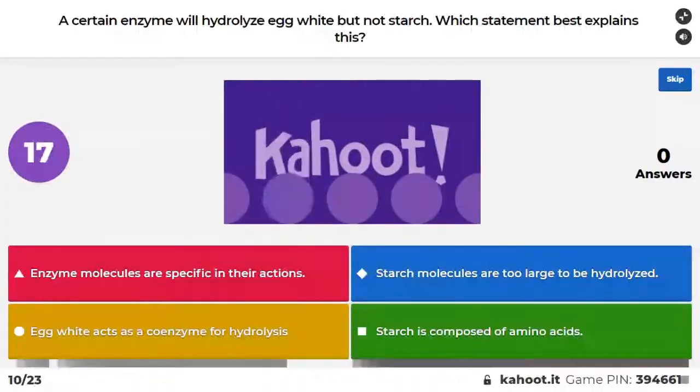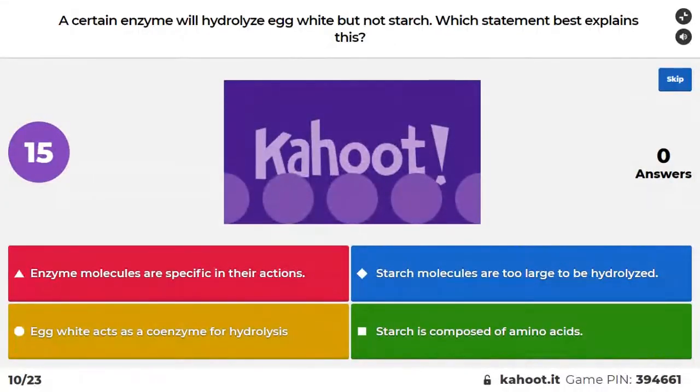Which one of these is an enzyme? Thank you for getting that right. Excellent job. I like how you're taking your time to read it.